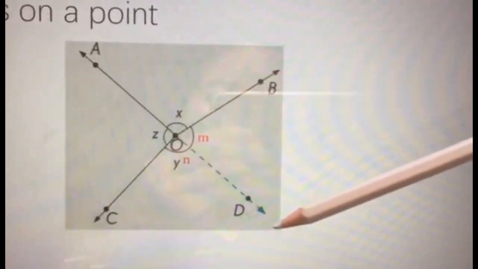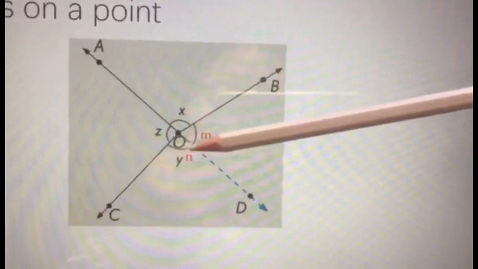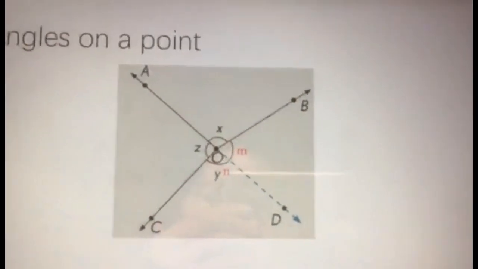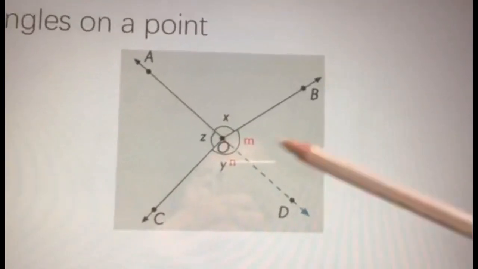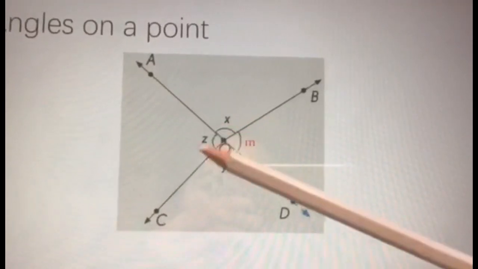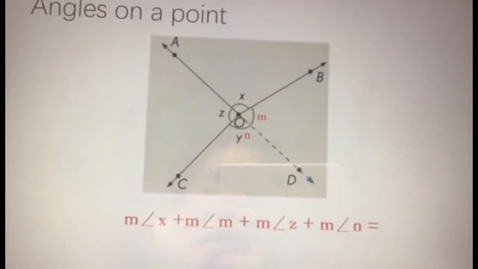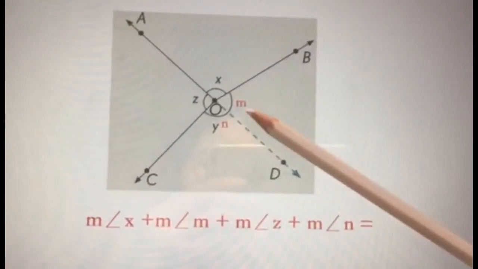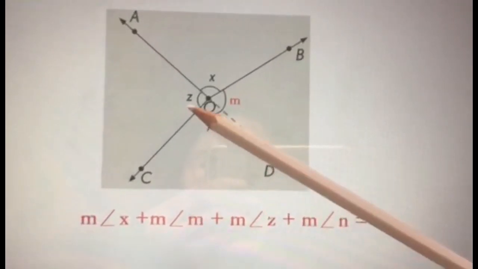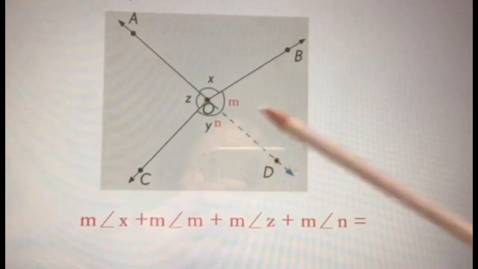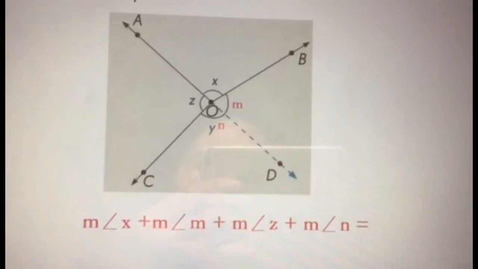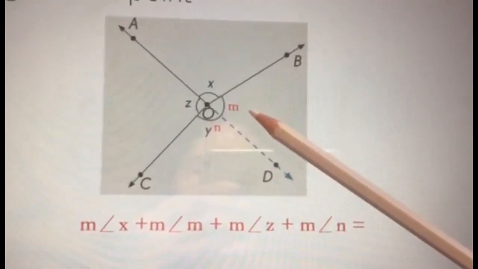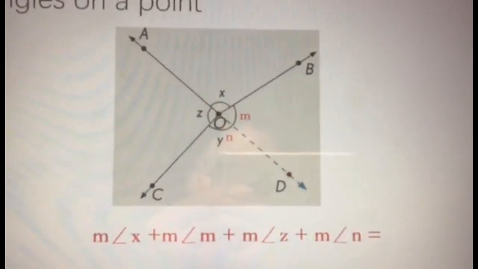So with a straight line, it splits angle Y into M and N. Now we know that the sum of the angle measures of X, Y, Z would be measure of angle X, measure of angle M, measure of angle Z, and measure of angle N. We have already learned that X and M are angles on a line because AD is a straight line.